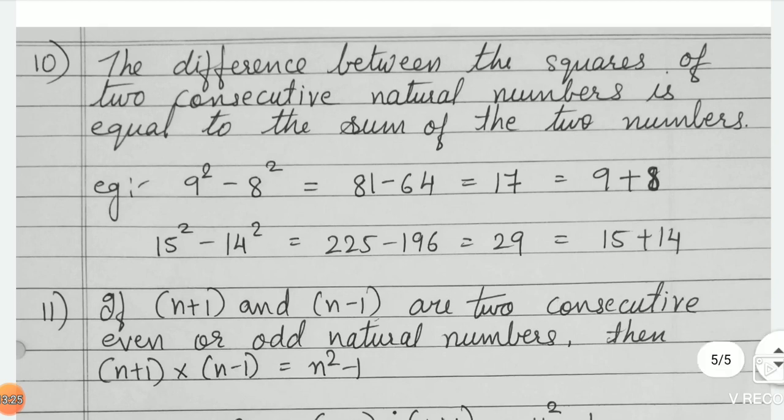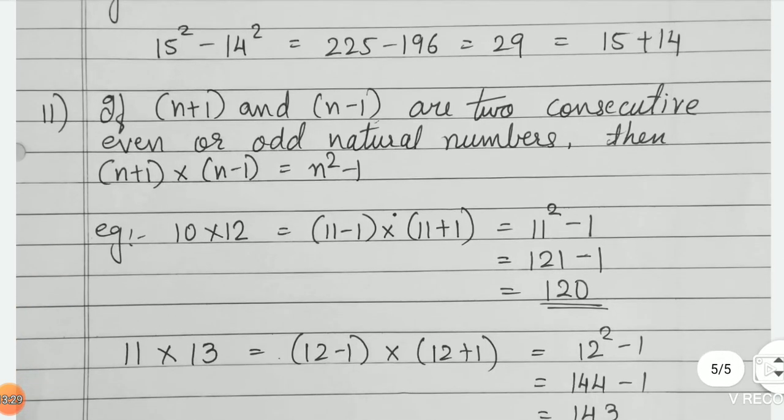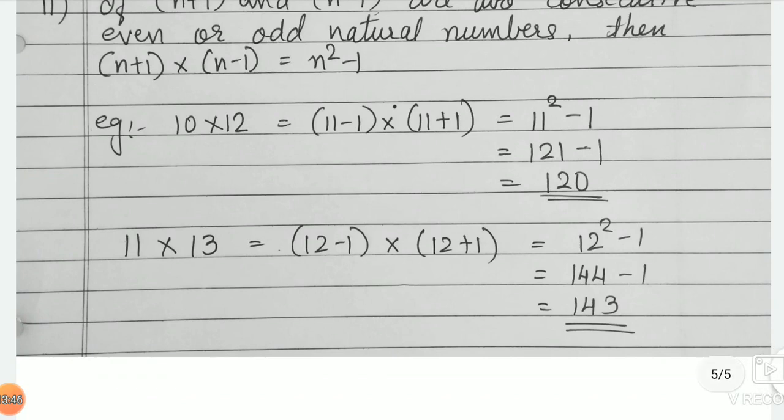And our last but not the least property is, if we take n plus 1 and n minus 1 as two odd or even numbers, then the formula is (n plus 1) multiplied by (n minus 1) is equal to n squared minus 1. For example, first I have taken two even numbers, 10 and 12.